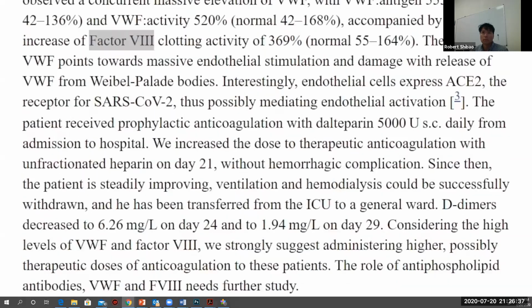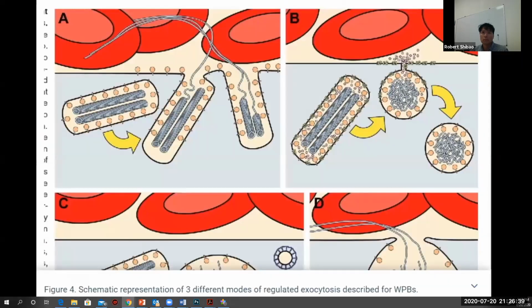So you're probably wondering what these Weibel-Palade bodies are. They're only found in endothelial cells, and these tiny little bodies release these stringy type substances called von Willebrand factor, which allows for coagulation, and it allows platelets and the clot to form together.